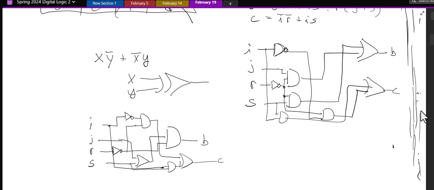Nope, I think that's right. Okay, so I will implement this bottom one here.